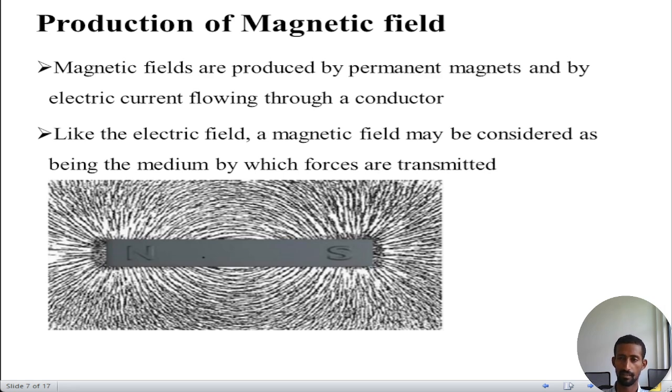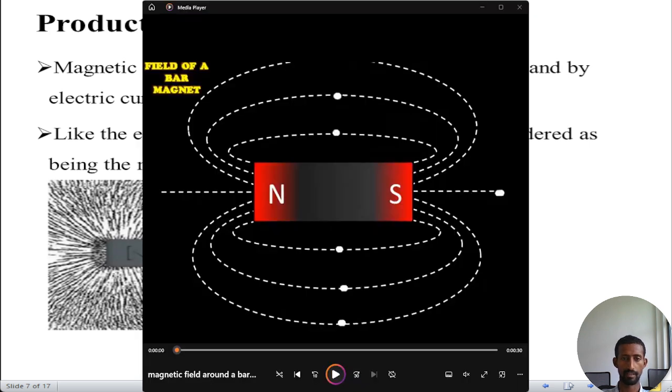Have you imagined what the magnetic field looks like, especially in a permanent magnet or an electromagnet? Let's show you some animations of the field. This is a north and south pole, so they will interact.